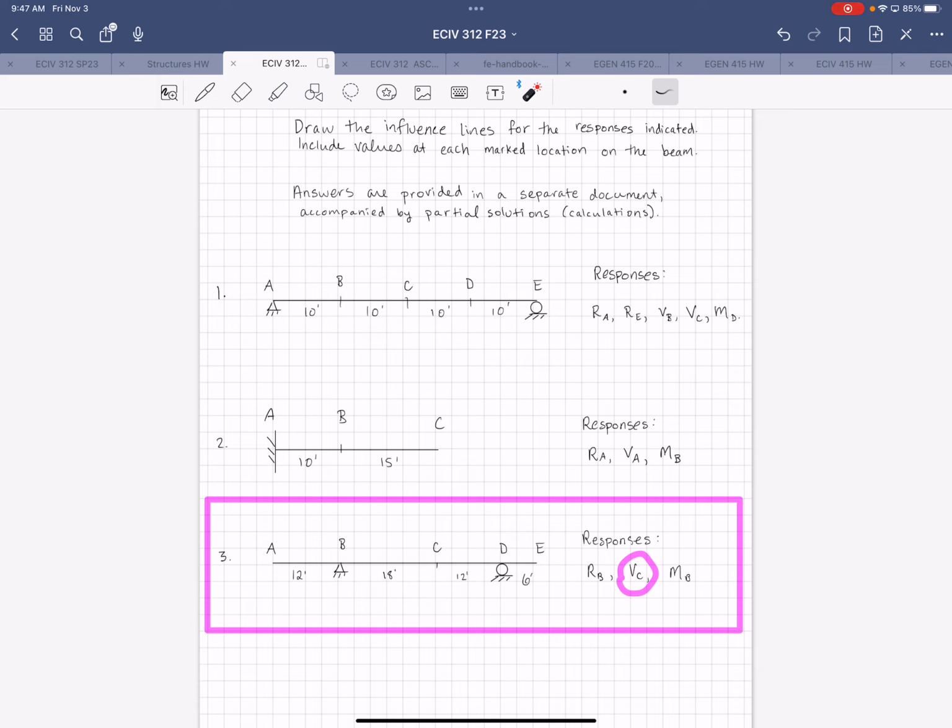We know it's going to be 0 at B and 0 at D. Now maybe get the value of the shear at C when the unit load is at A. Not yet? Okay. All right, well, I encourage you to continue working through this. Oh, we've still got a few minutes left. All right, we're not done yet. Keep working. This is good.